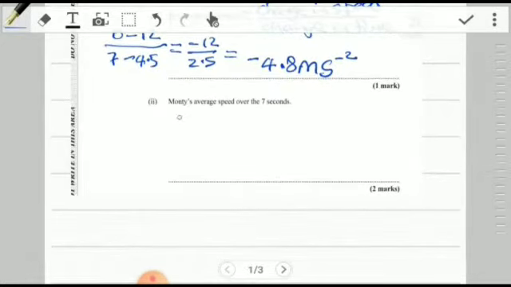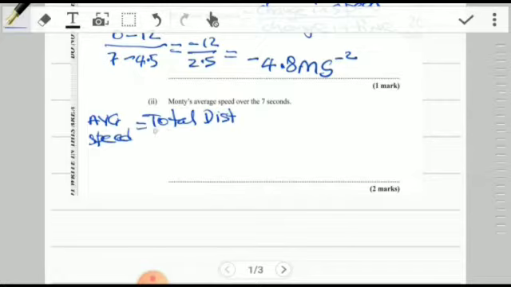It says, Monty's average speed over the 7 seconds. Well, average speed is simply the total distance divided by the total time.